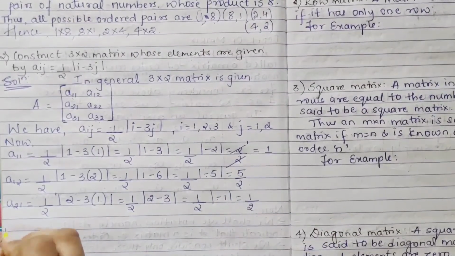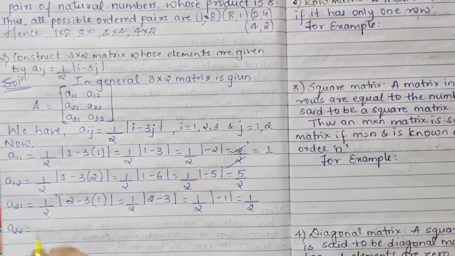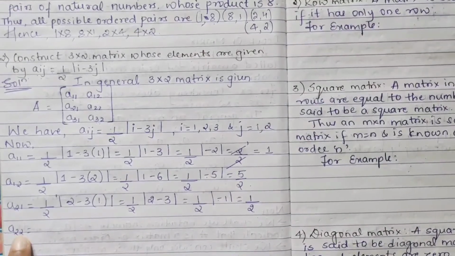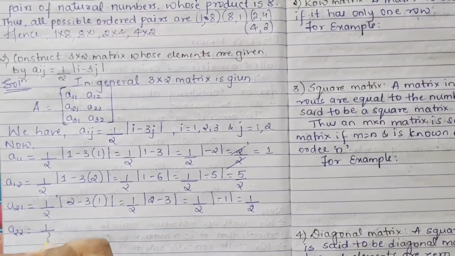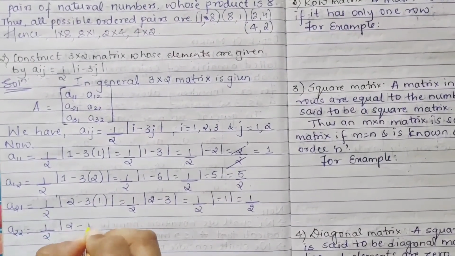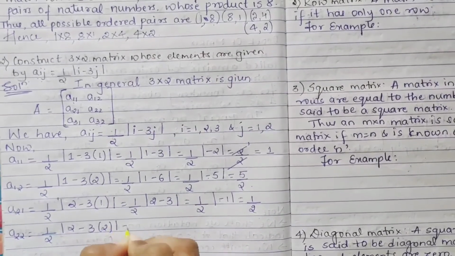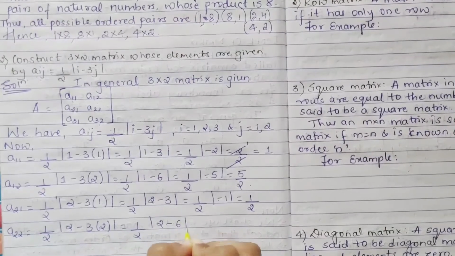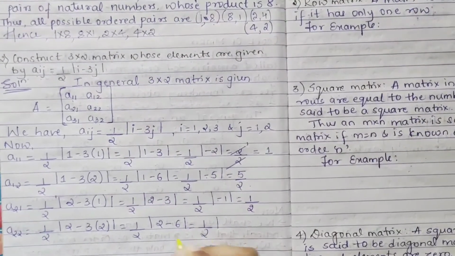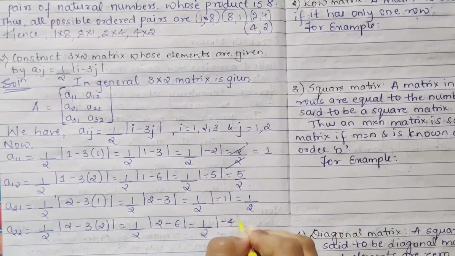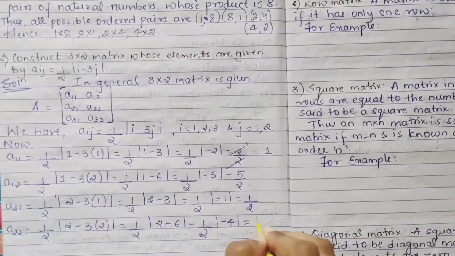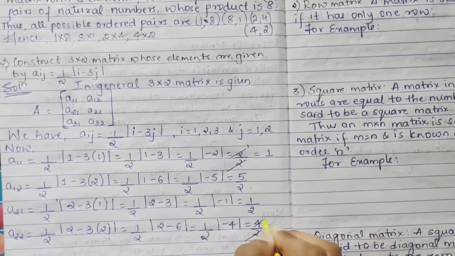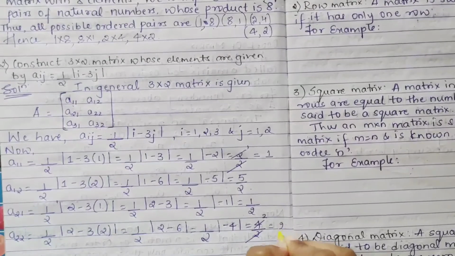So it is 1 by 2. Now A22, your I is 2, j is also 2. So it will be half of 2 minus 3 into 2. You get 2 minus 3 twos are 6. Half of 6 minus 2, which is minus 4. So you will get 4 by 2, which is 2.